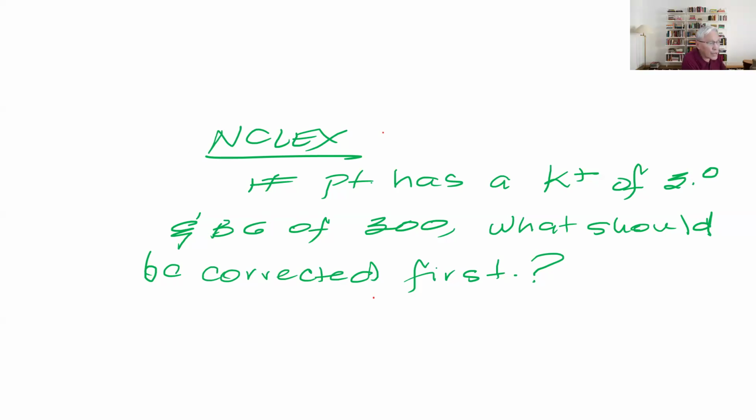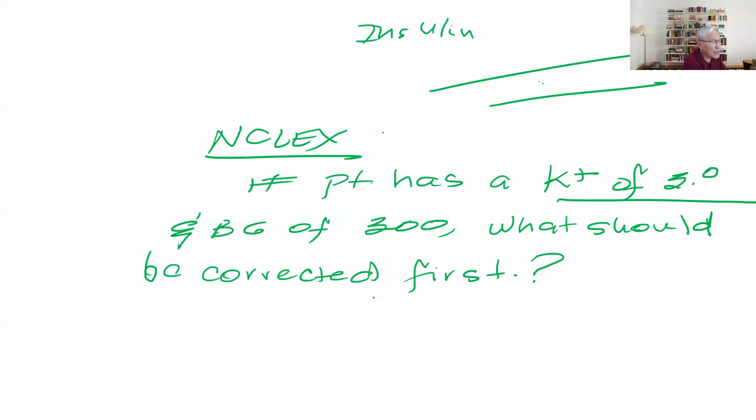Yeah. Well, the reason too is if you give insulin, you remember what I said. Okay. So the potassium here now is only 3.0. If you give insulin, what's going to happen? Insulin is going to pull the glucose and potassium back into the cell.